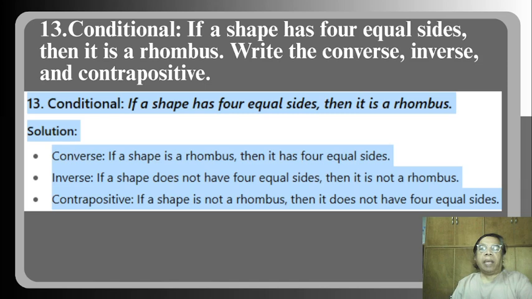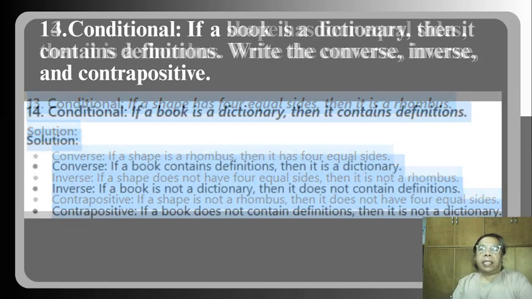Inverse: if a shape does not have four equal sides, then it is not a rhombus. Contrapositive: if a shape is not a rhombus, then it does not have four equal sides.